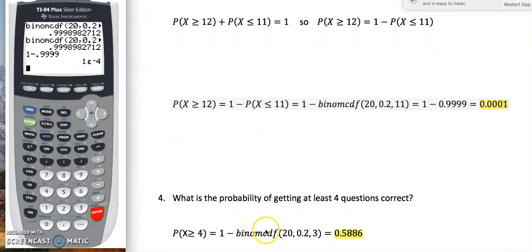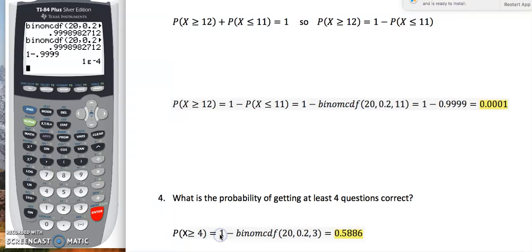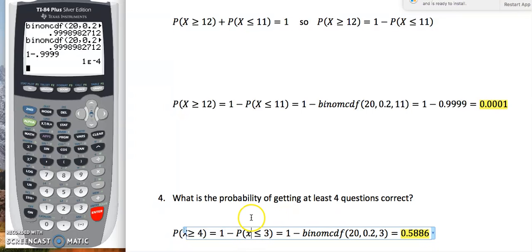So I'm just going to jump straight into the example. So the probability that x is greater than or equal to 4 is 1 minus, I'm going to go ahead and write an extra step in right here, 1 minus the probability that x is less than or equal to 3. So that's 1 minus binomial CDF.